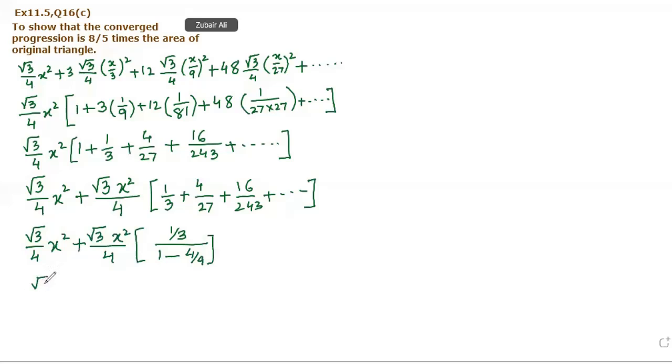So this will be equal to 1 upon 3 multiplied by the reciprocal of 5 upon 9, which is 9 upon 5.